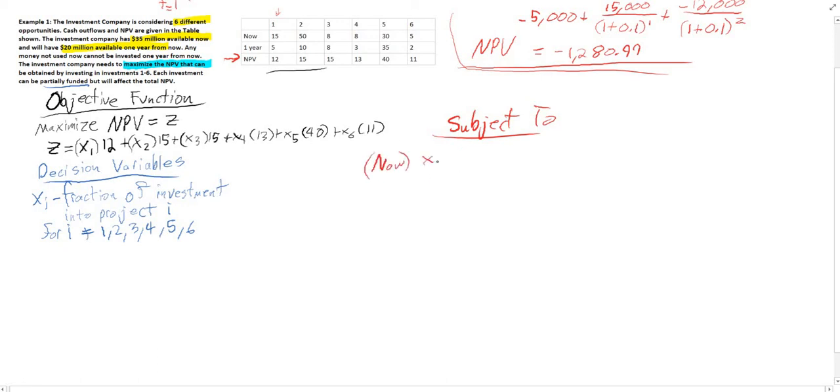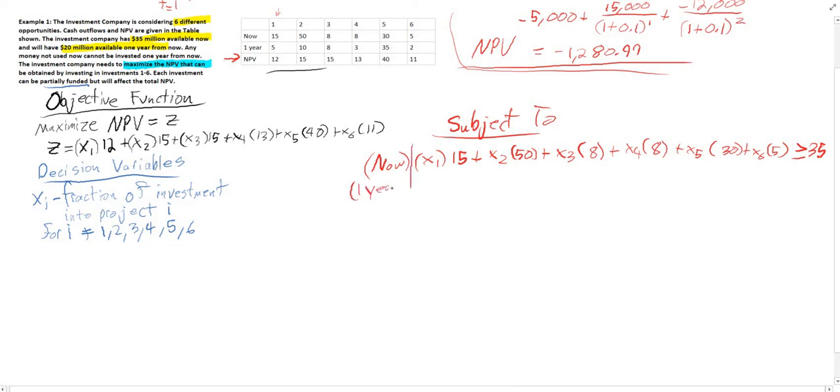We know that x1, the fraction of the investment into project 1, costs that fraction times 15, or 15 million. x2 is times 50 million. x3 times 8 million. x4 also times 8 million. x5 times 30 million. And x6 is times 5 million. And this has to be less than 35 million. So that's our constraint right there.